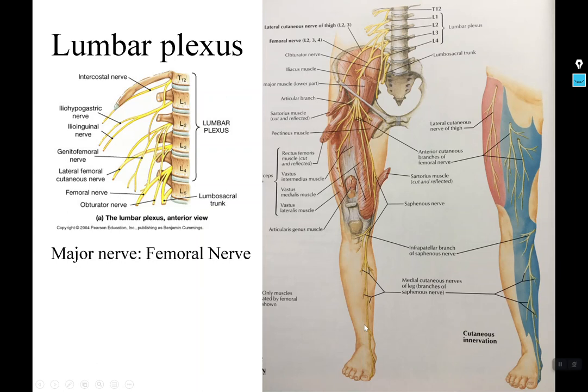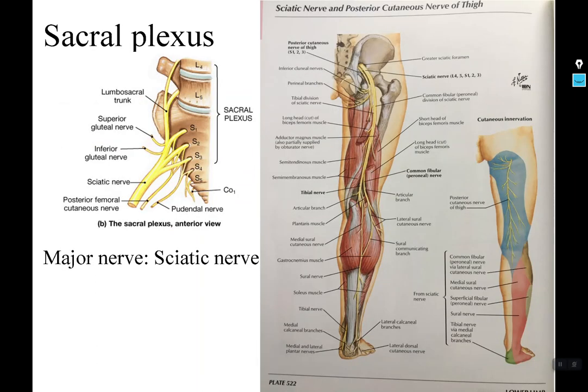The sacral plexus, by contrast, has a major nerve that is the sciatic nerve. So that's going to be a confluence of nerves coming off of L4, L5, S1, S2, and S3. So that's a lot. That's why it's so thick. And we can see this both on the cadavers and on our spinal nerve models, but this is a very thick nerve.